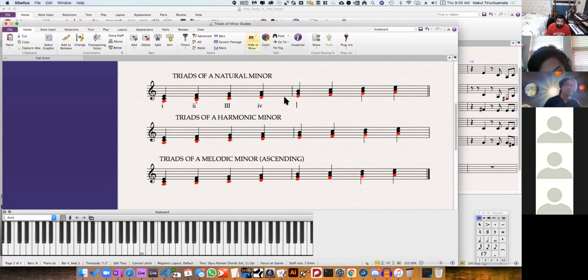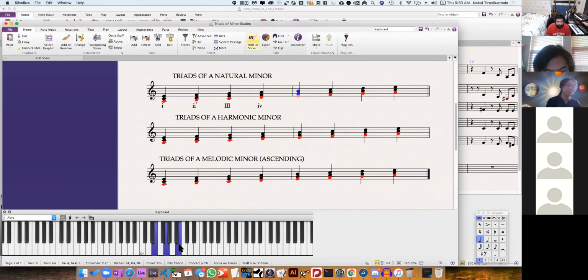Okay, this one right here is what? Unison, minor second, minor third, right? And then we have unison, minor second, minor third, major third, right?